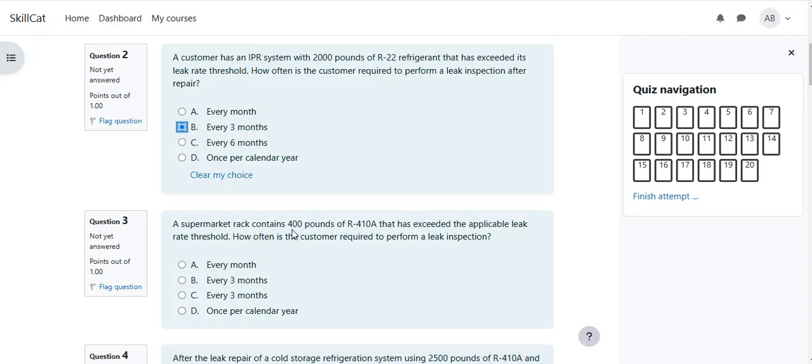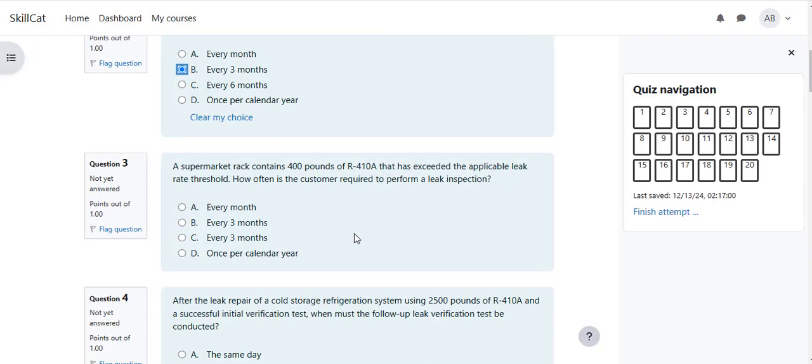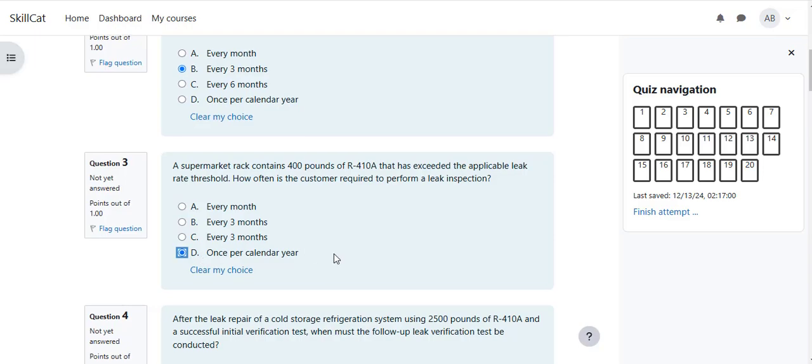Supermarket rack contain 400 pounds of R410 that has exceeded the applicable leak rate threshold. How often is the customer required to perform a leak inspection? Okay, for the supermarket, once per year.